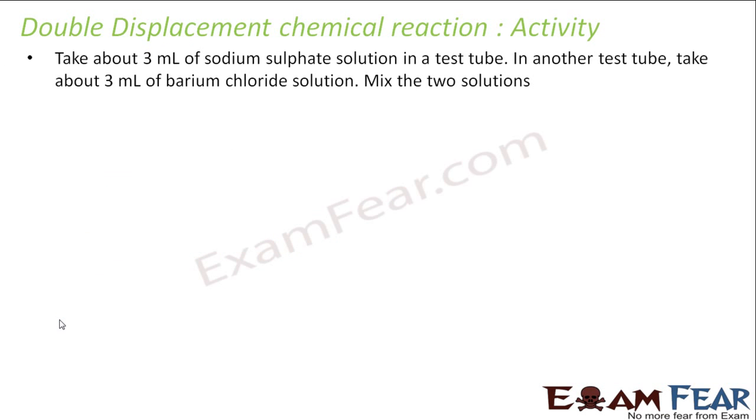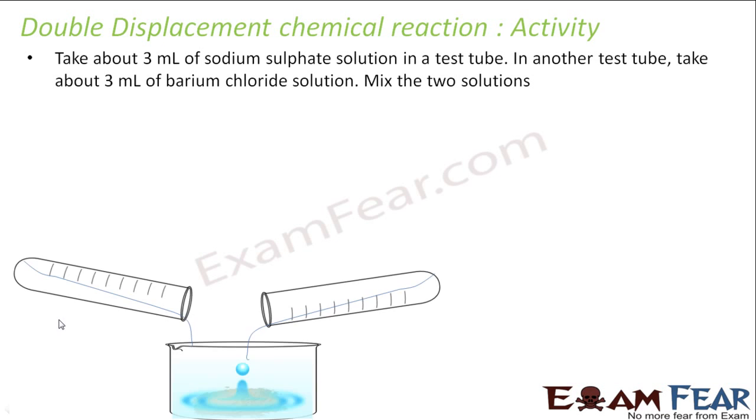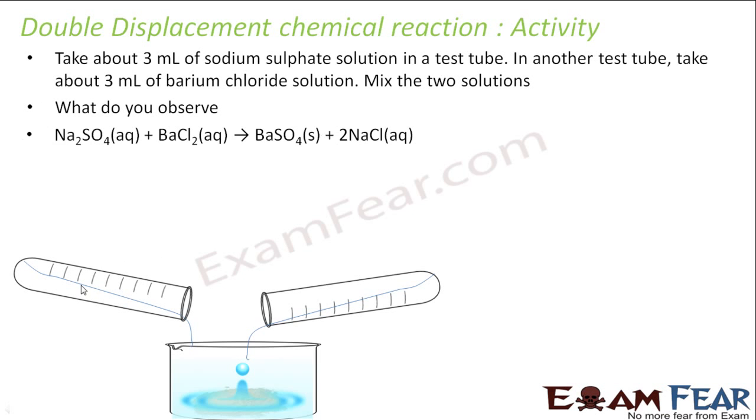We'll take an activity for this. We'll take 3 ml of sodium sulfate solution in a test tube, and in another test tube we'll take 3 ml of barium chloride solution. We'll mix both. In one we have sodium sulfate, Na2SO4, and in the other we have barium chloride, BaCl2. When we mix them, we observe a precipitation.